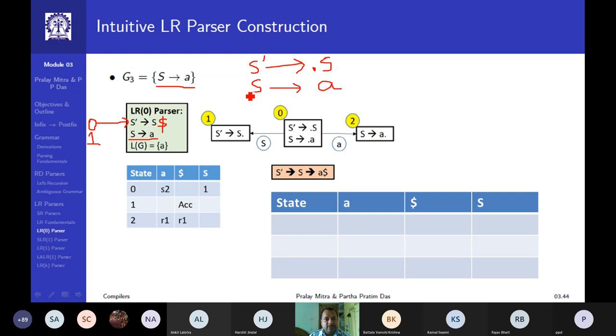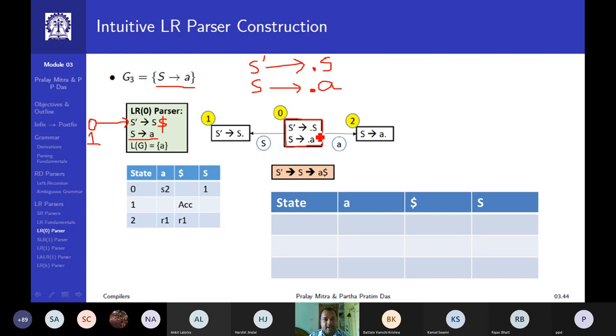And since dot was on the left hand side of A, so dot will be on the left hand side of A. That is my 0th state here. You see two items are there: S prime derives dot S, S derives dot A, what I mentioned. That is my 0th state.